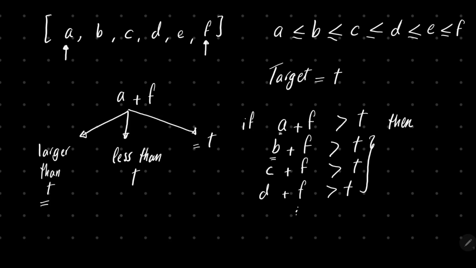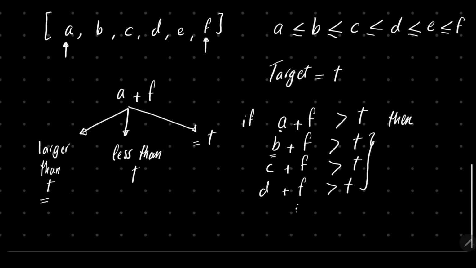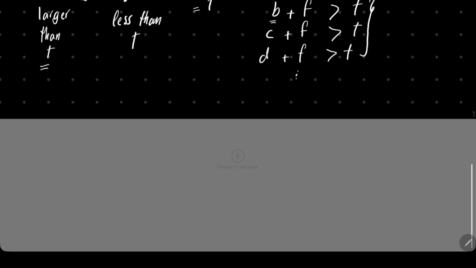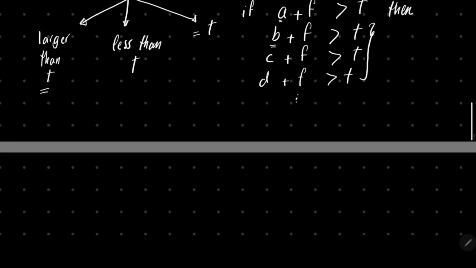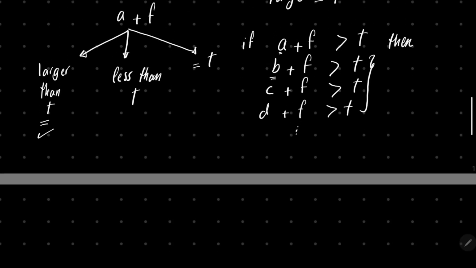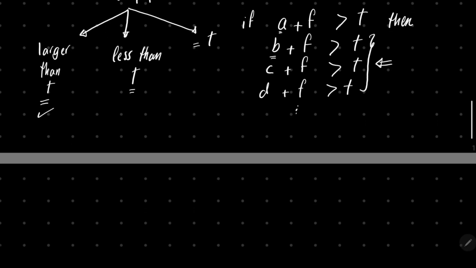Now let's look at the other scenario. We covered that case: if A plus F is bigger than T, then that is the conclusion. So what if it's less than T?